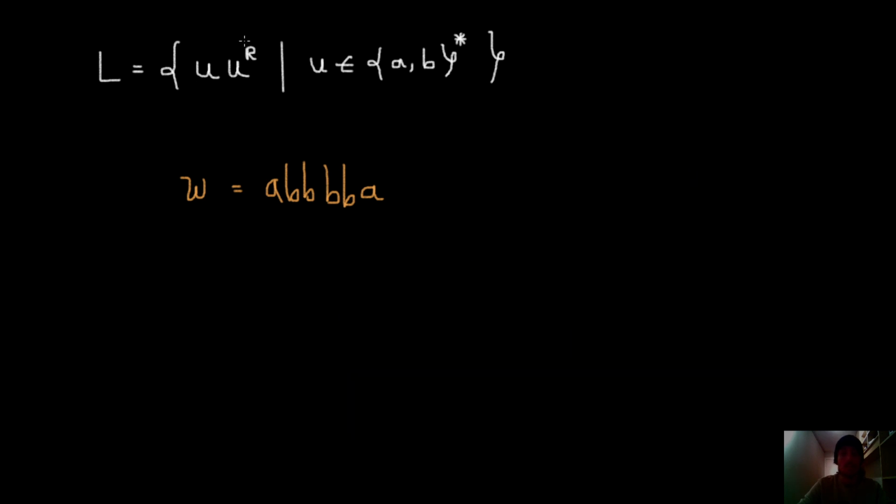So why do we use this reverse notation to represent the palindrome language? Well, essentially because we know that this word belongs to the language L, and we can represent this word W as U concatenated with U reversed, where U is this subword, and this subword here is U reversed.